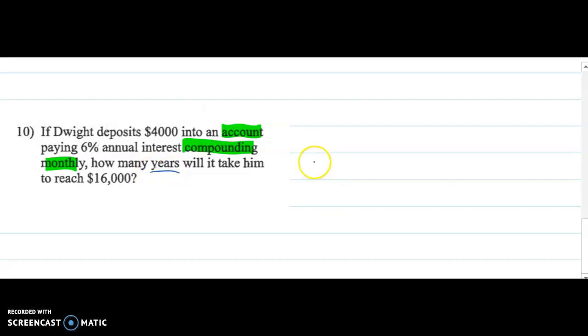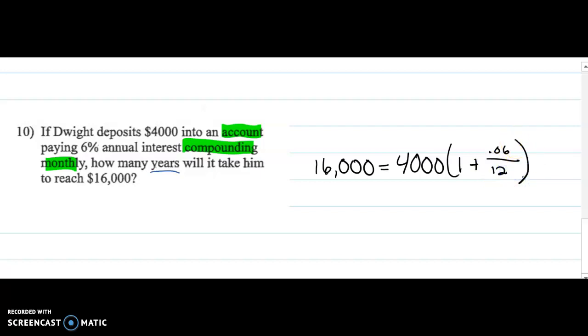We start with 16,000, that's our final, equal to our initial, which is 4,000, times 1 plus our rate, 0.06, over n, which is the number of times we compound per year. Monthly, so it's going to be 12, to the 12t.